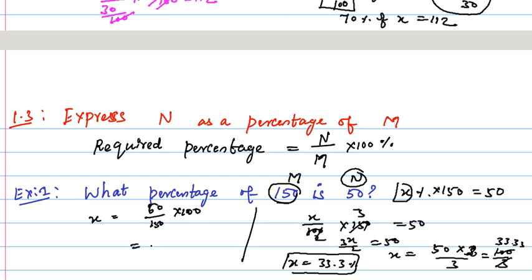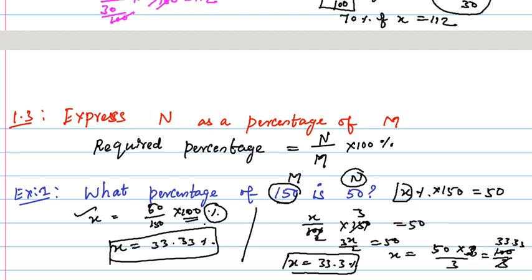After simplification you get the same value. After multiplying by 100 you have to put the percentage symbol. So you get 33.33 percentage. By using the formula, you can find the value directly.